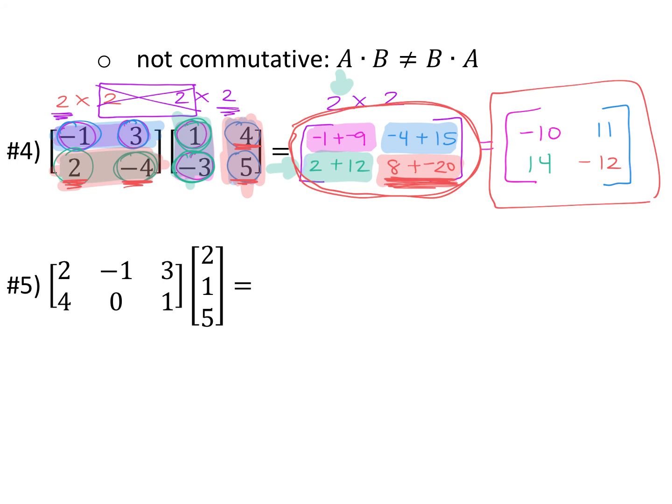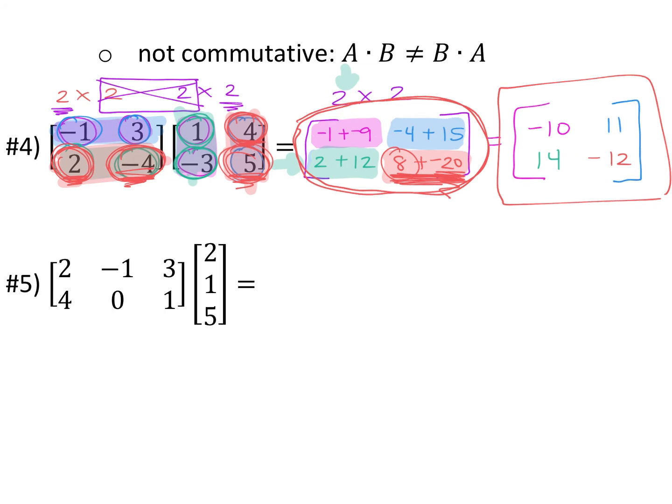The first with the first. So 2 is the first in the row, 4 is the first in the column. You multiply those together, you get 8. That's how we got this 8, okay? Then the second with the second is negative 4 times 5 gives you a negative 20, okay?